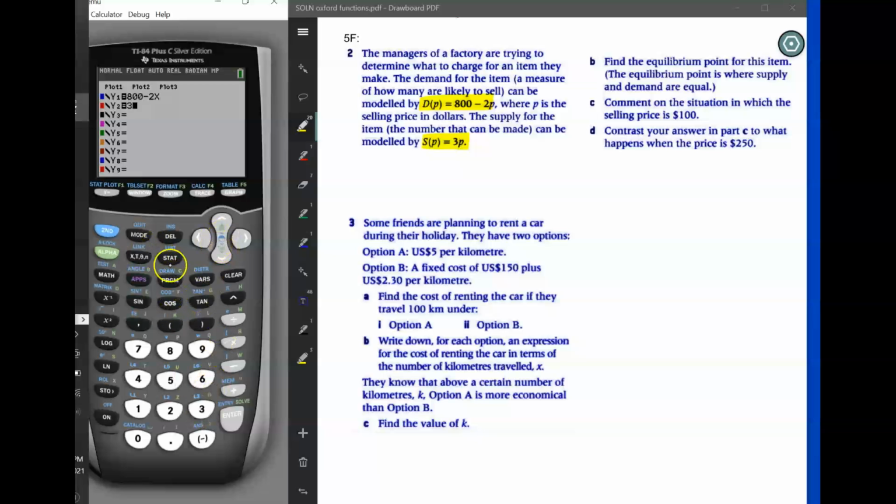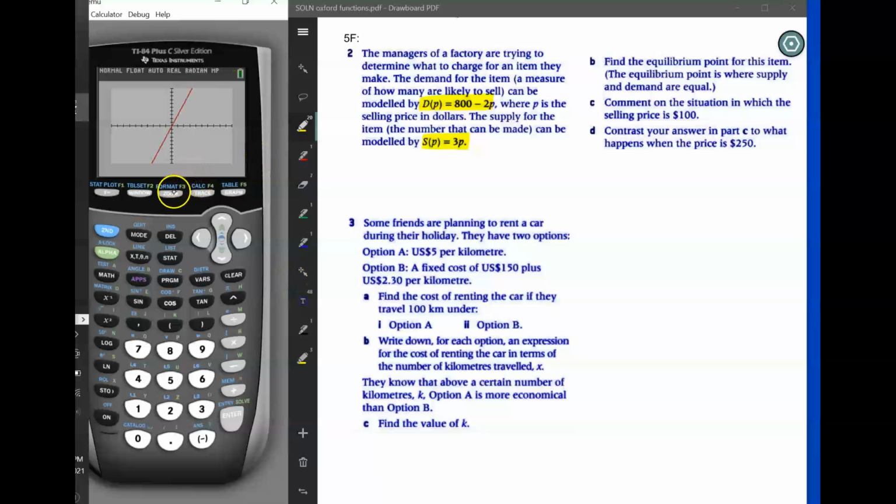And the other one is 3x. And we're going to graph it, but we need to, of course, change the scale here of the window. Okay, so first of all, the thing is completely off the screen. Well, S is on the screen. D is completely off the screen. So we need to adjust it.